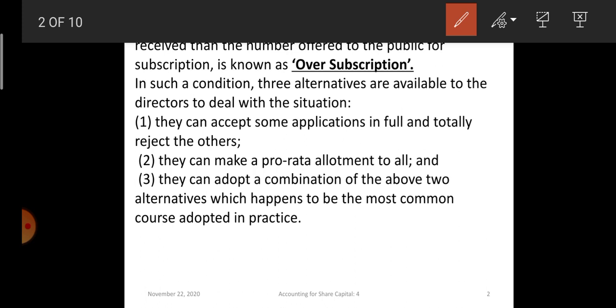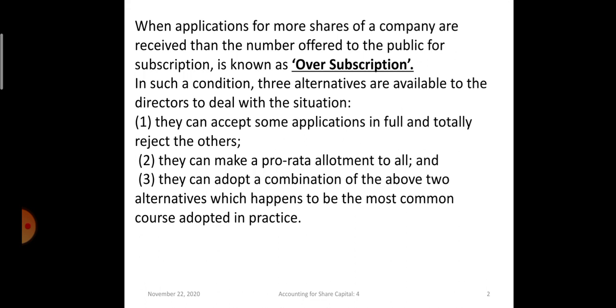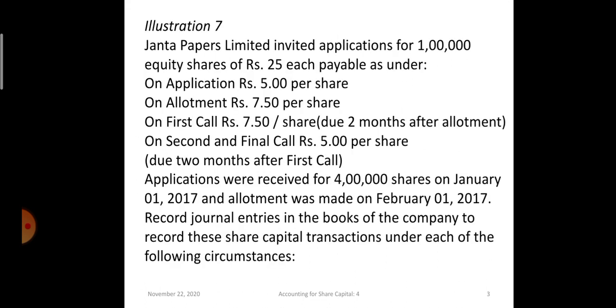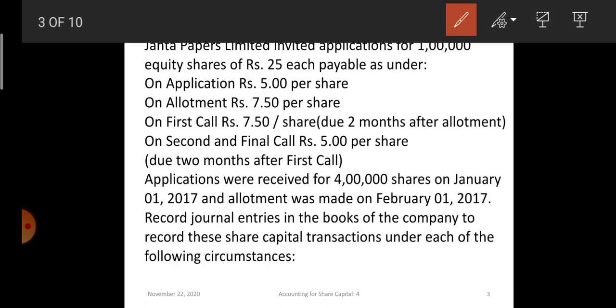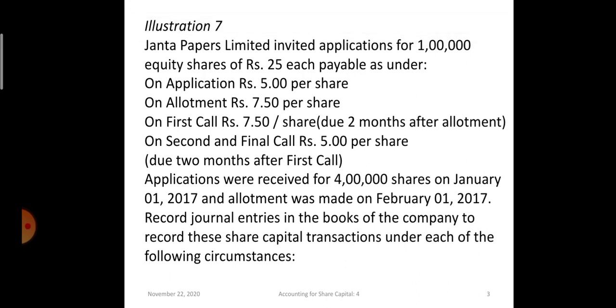That means some applicants are allotted in full, some applicants are rejected, and the balance are allotted shares in a particular ratio. To understand all these three cases, we will take one question, with the same question we will try to understand all three cases.